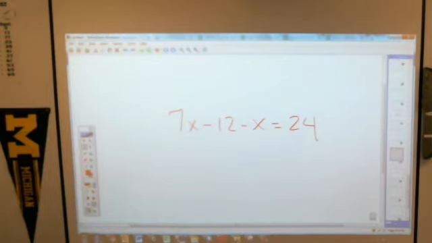What do you suppose? Combine what you can, go farmers.